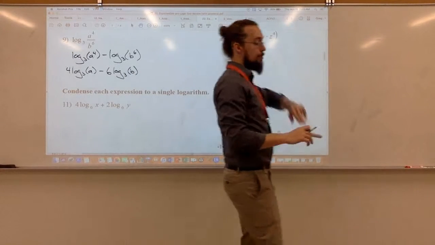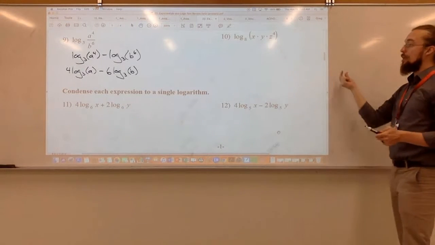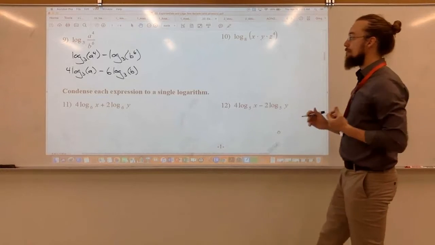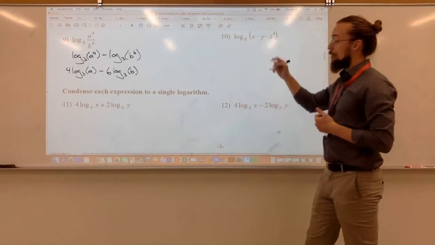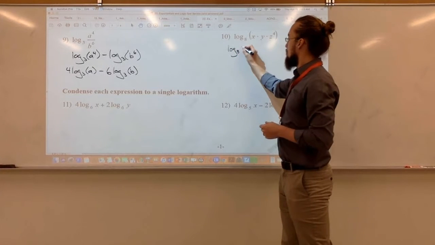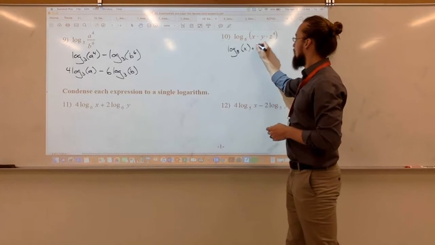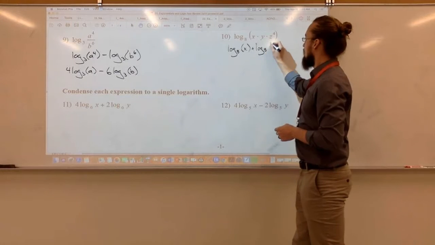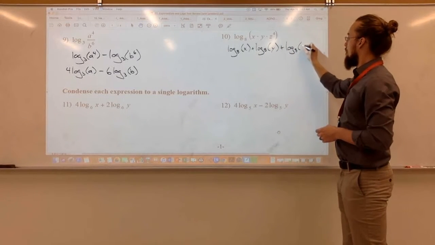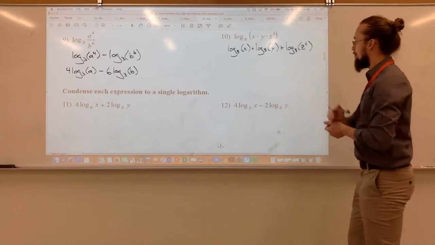Then, the other property we talked about was if I'm multiplying things inside of a log, I can split that up into separate logs by adding them together. So here I'm multiplying three things together, so I can have three separate logs. So I can make this log base 8 of x plus log base 8 of y plus log base 8 of z to the 4th.